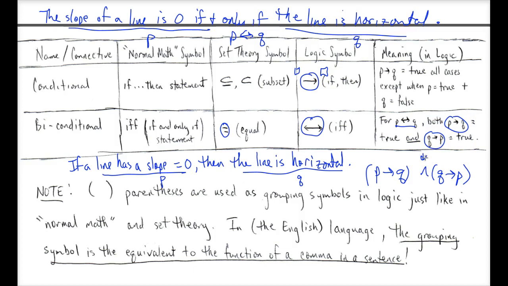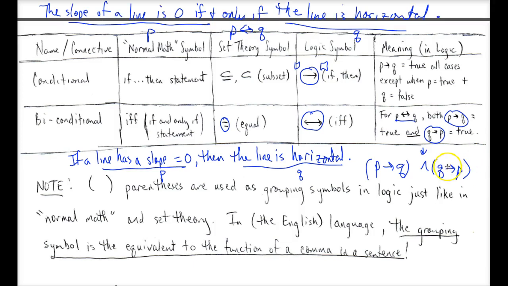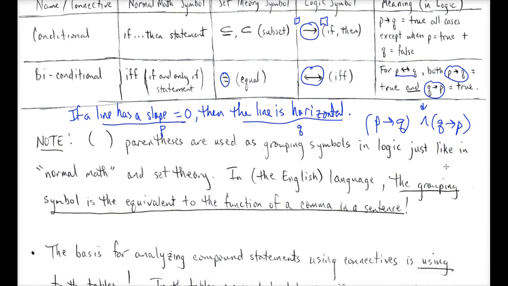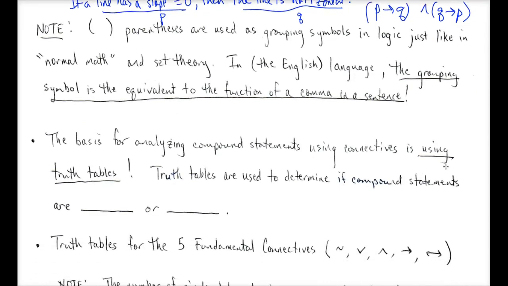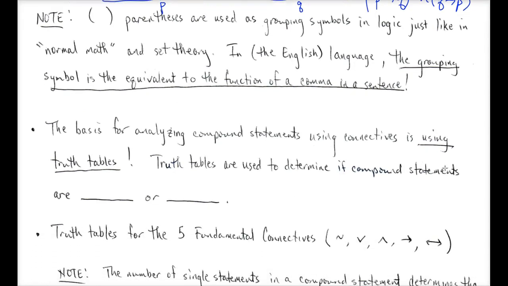All right, so moving on here, one other thing that we want to note is that whenever we use parentheses or another type of grouping symbol in logic, we use it just like we would in normal math. In other words, to set the order of operations, or in this case, the order of connectives.